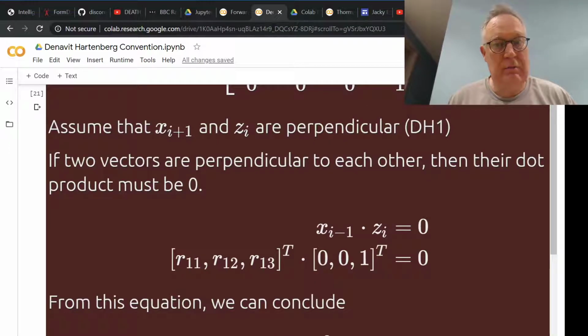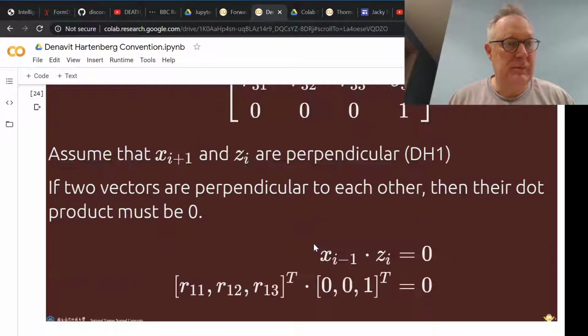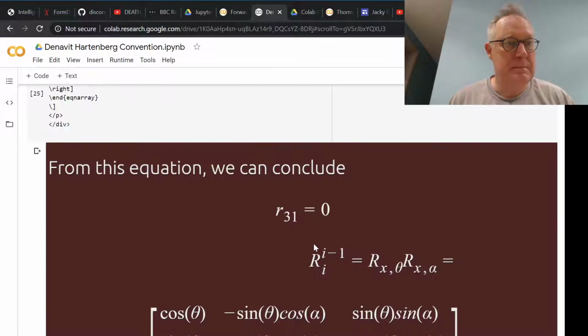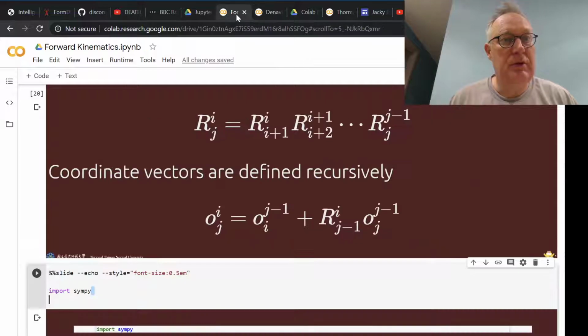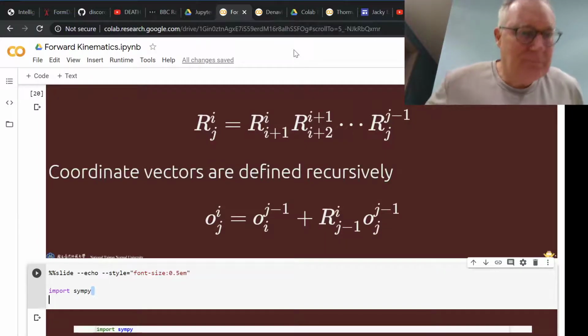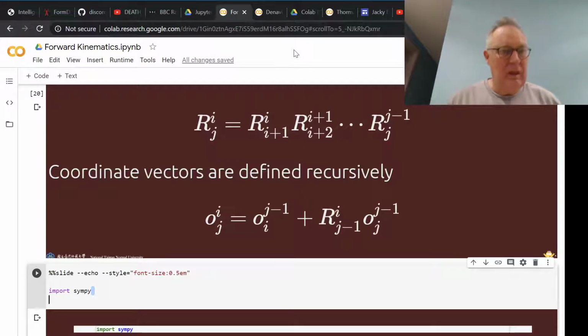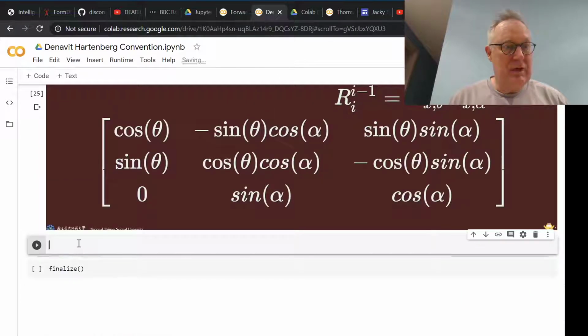How come my SymPy is gone now? Oops. Sorry, from the wrong package, wrong file.